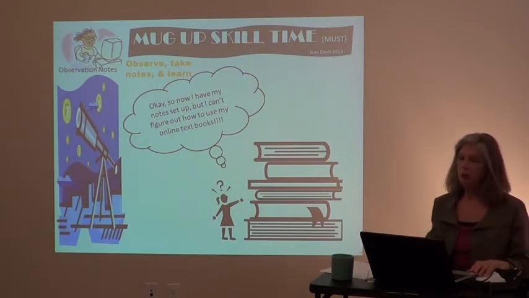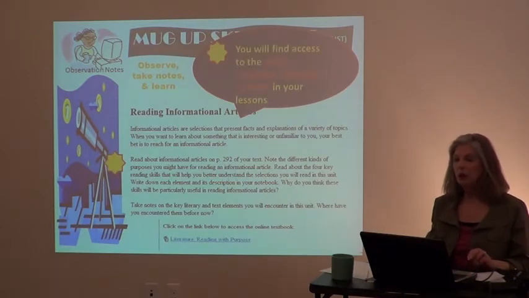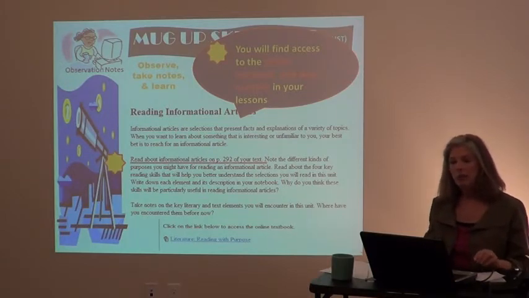So now we are going to take a look at the Unit 1, Lesson 1. You will find access to your online textbooks within all your lessons. So take a look at that second paragraph. It says, read about informational text on page 292.